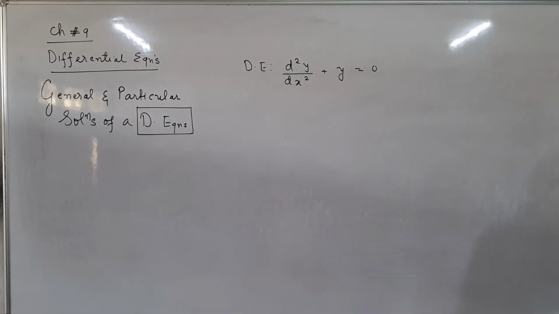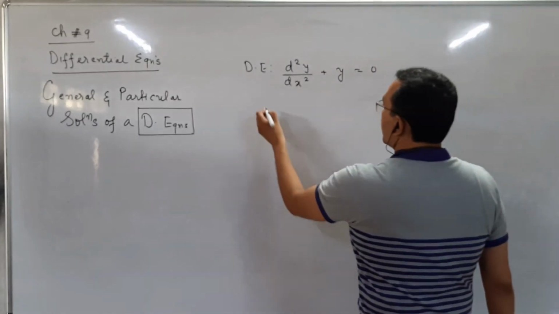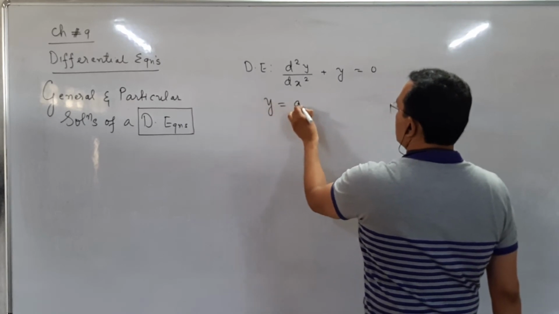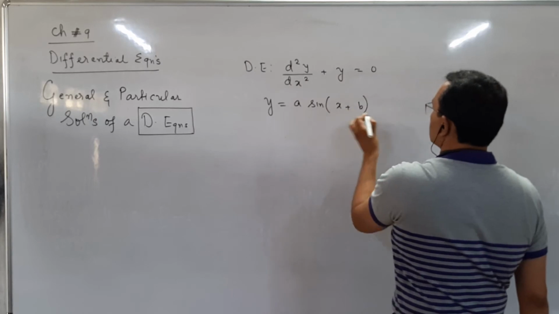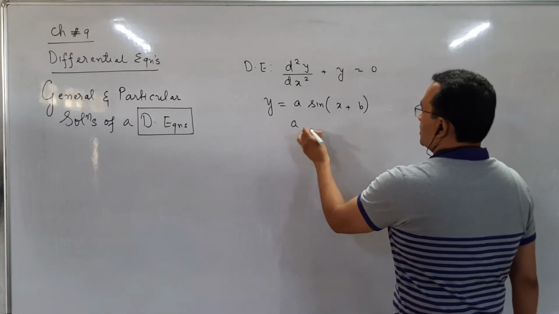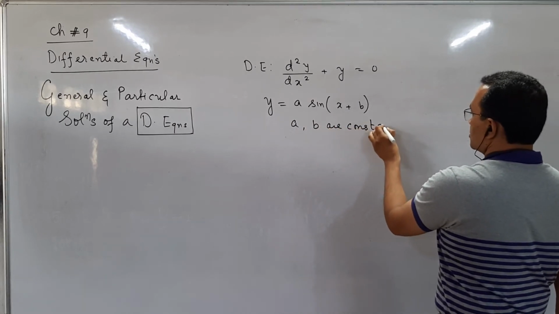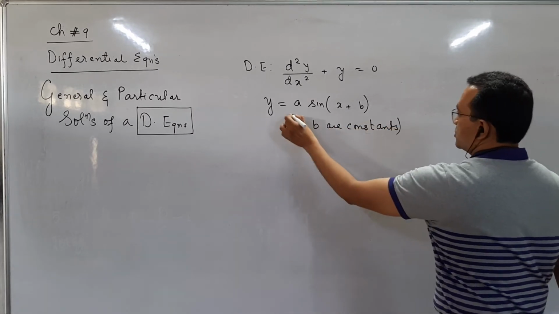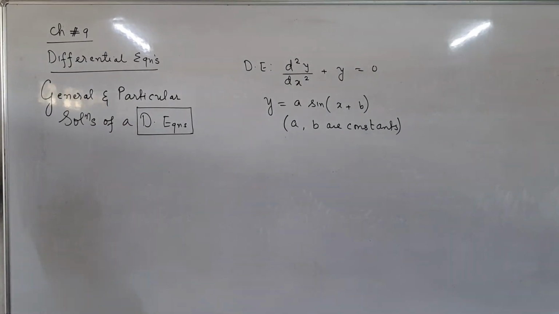Say this is any differential equation. Now I have a function y is equal to a sine of x plus b, where a and b are arbitrary constants, means real constants.